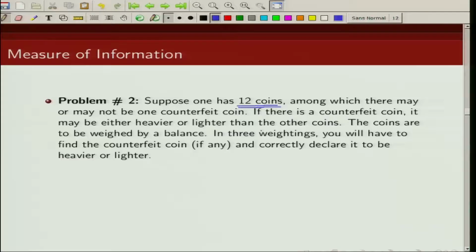Now you are supposed to weigh these coins using a weighing balance, and in three weighings you will have to find out the counterfeit coin, number one. Second, you have to correctly declare whether the counterfeit coin is heavy or lighter.